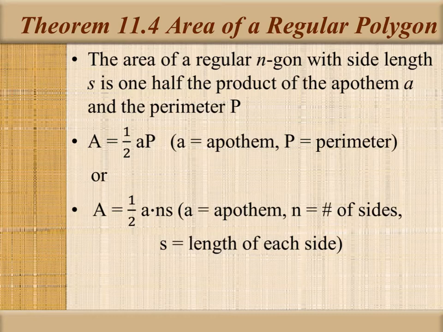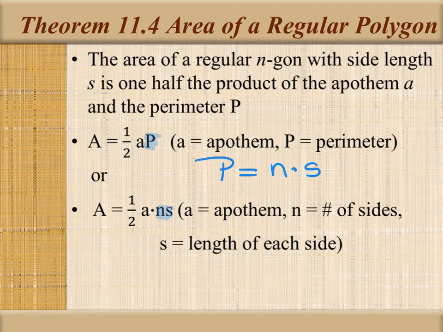Realize that this P, which represents perimeter, is just the number of sides times the side length. So remember, to calculate perimeter, you're adding up all the sides or taking the number of sides and multiplying it by how long the side is.